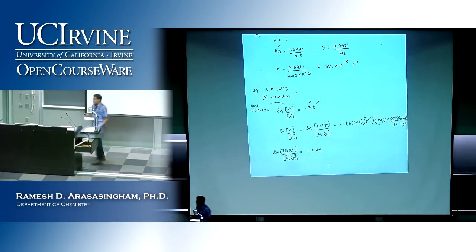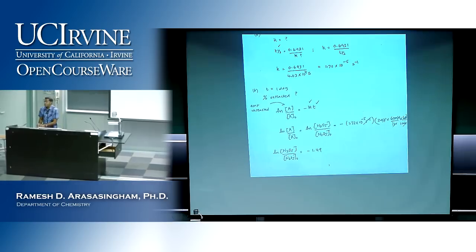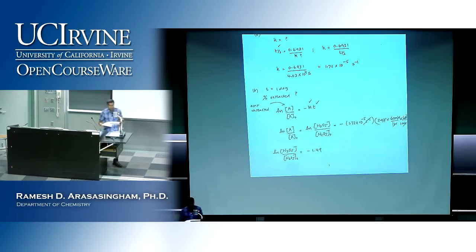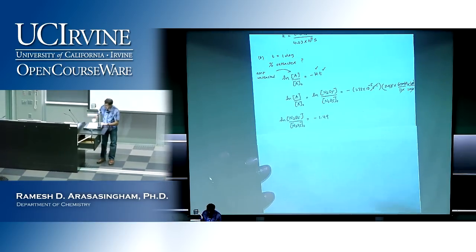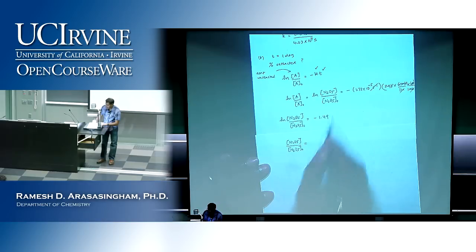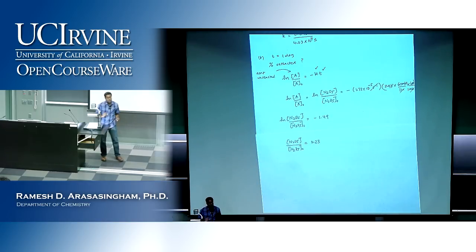All right? Now what I'm going to do is take the inverse log to get rid of this log. So if I take the inverse log on this side, I need to take the inverse log on that side. So what I end up with is [N2O5] divided by the original concentration of N2O5. And if I take the inverse log of that, that comes out to 0.23.